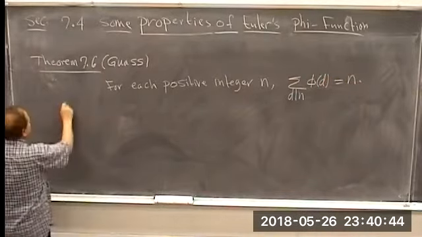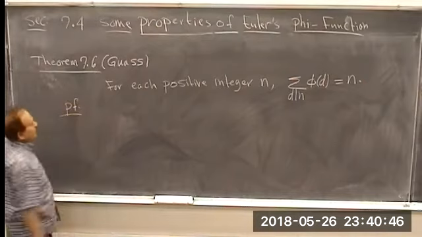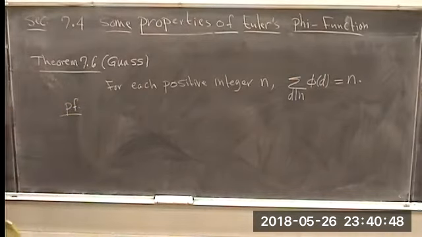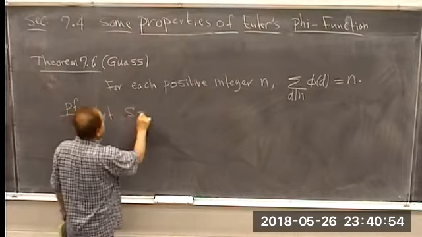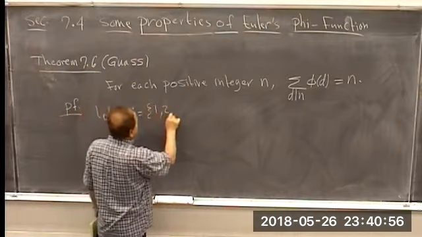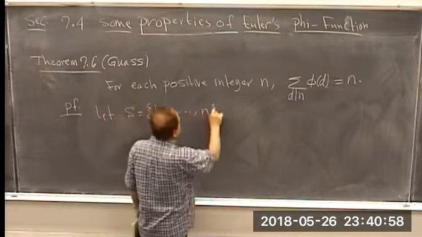And the proof is going to follow the same steps as we did in the example. Okay, so we're going to let S consist of the integers from 1 to n.